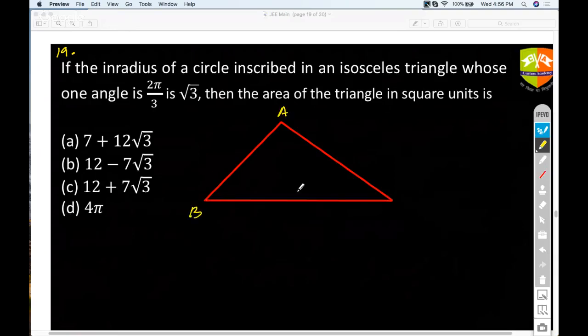Always make a diagram first. So it has to be AB equal to AC. And let's say without loss of generality, I consider this to be 120 degrees.